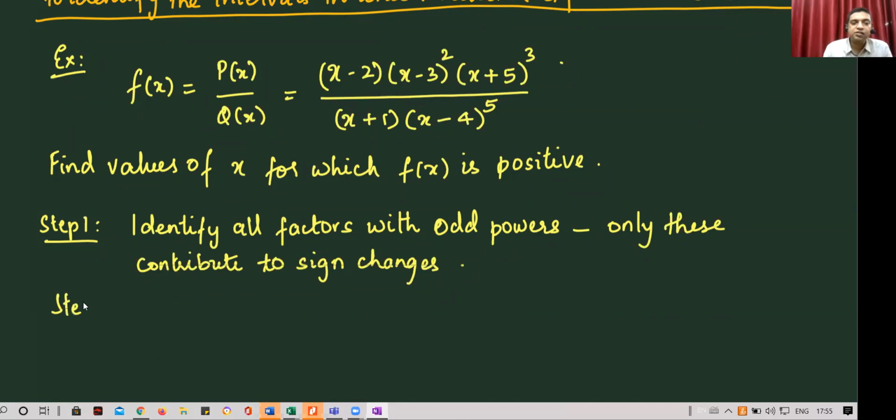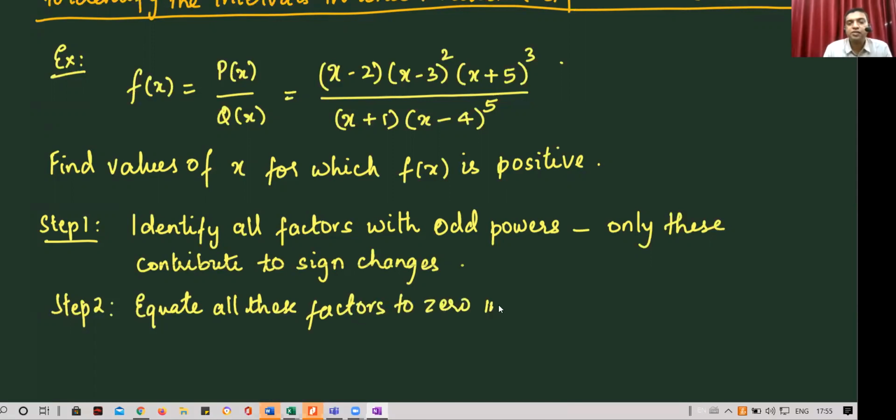Next, equate all these factors to 0 individually, and find the roots of the individual factors.